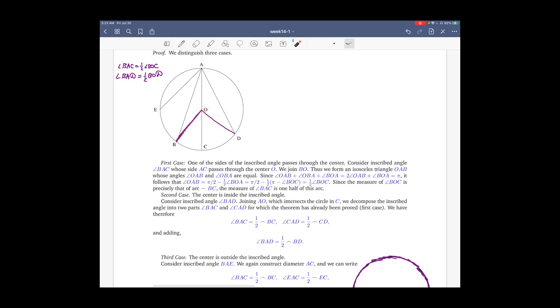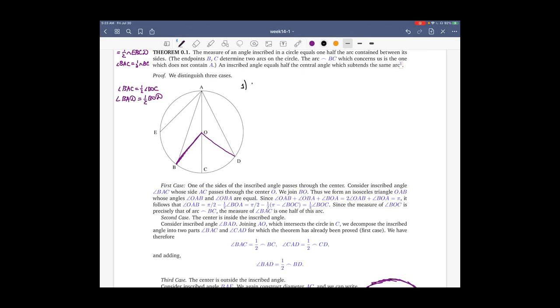Now we see immediately that the triangle AOB is isosceles, because here BO equals AO equals the radius of the circle.